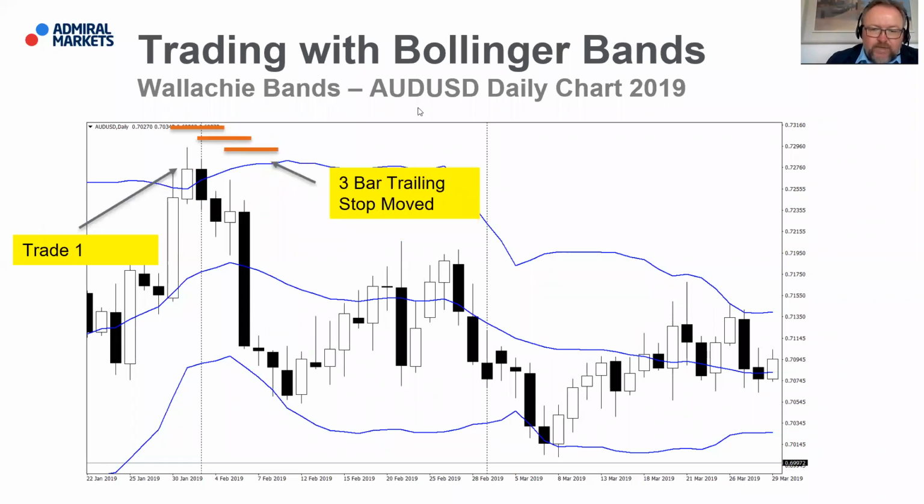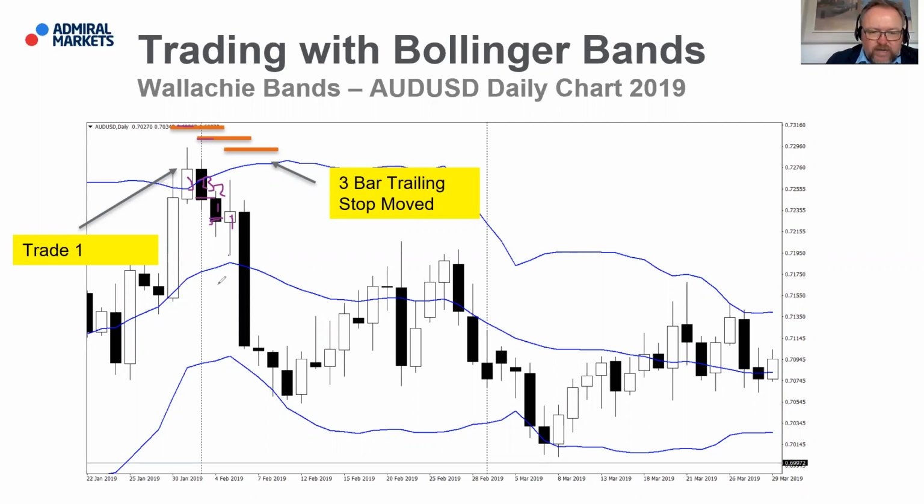So as the days went on and price came down, next day it closed. This day closes, and what we look back at is candle 1, candle 2, candle 3. Remember, we're moving our stop above the high of the last 3 candles. So that first day there was no need to move our stop. On the second day our trade closed, and this then becomes candle 1, candle 2, candle 3, so our stop actually gets moved.